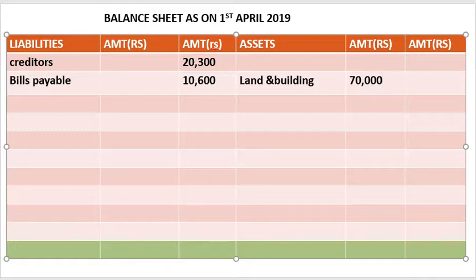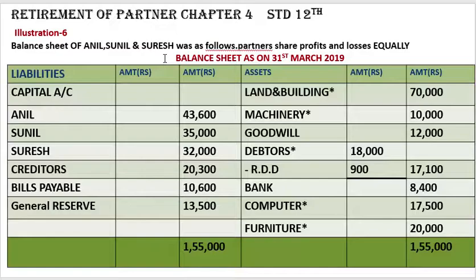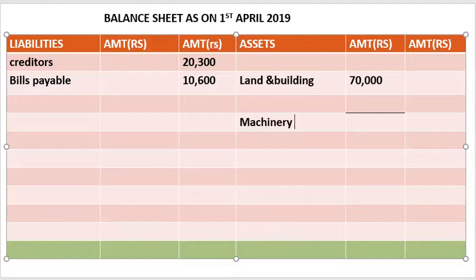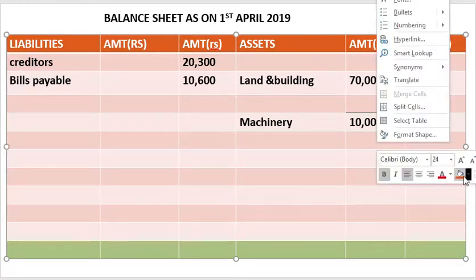Then next we have machinery 10,000. So again we'll go in the machinery. How much? 10,000. We'll leave a line.